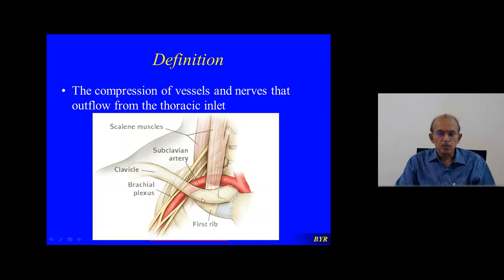So you can see the first rib here. This is the clavicle, and the subclavian artery and the lower trunk of the brachial plexus are passing out through this tunnel. This is the thoracic inlet.